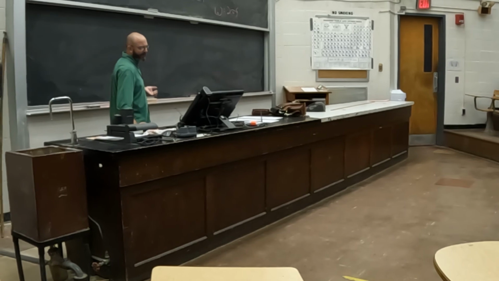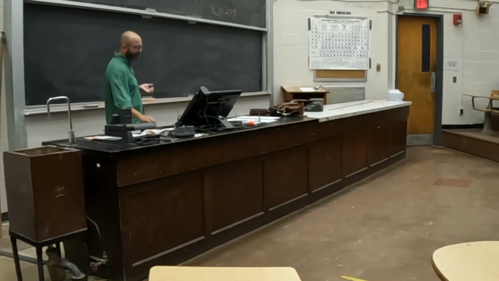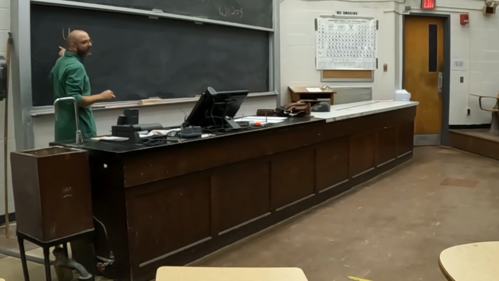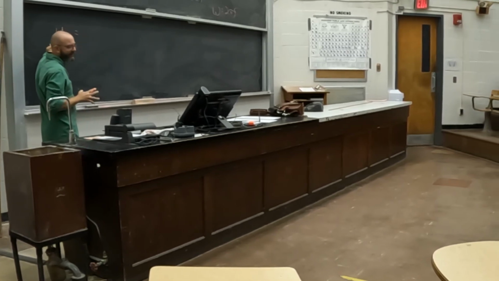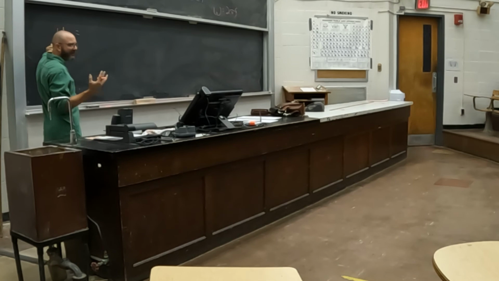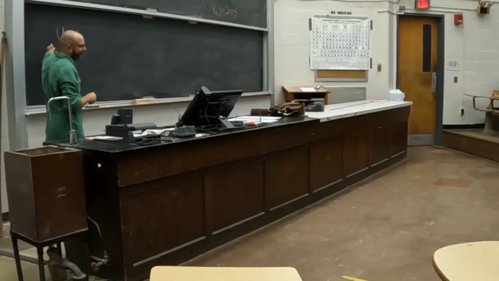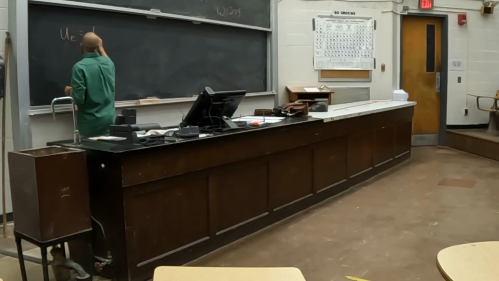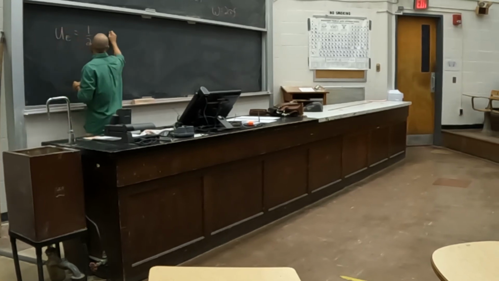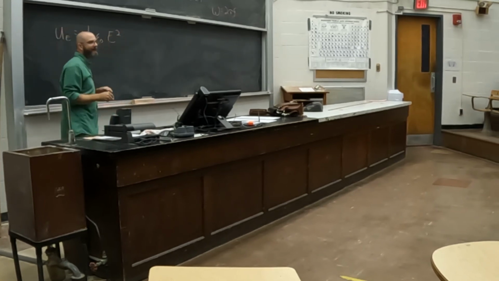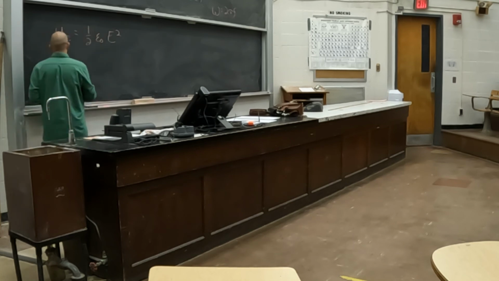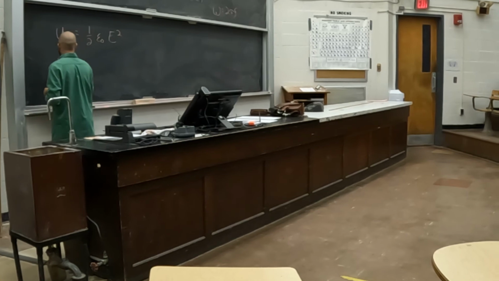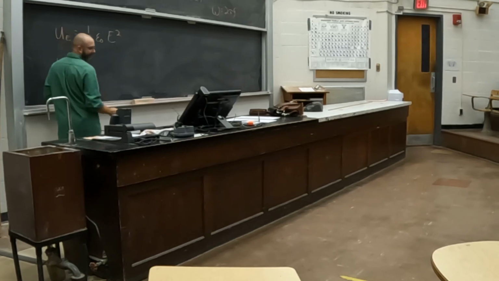So we saw a couple of equations for energy density. Remember this is a lowercase u, which is the standard for energy density. Uppercase U would be potential energy, lowercase is density. The energy density for an electric field, we saw this. We also saw the energy density for a magnetic field as this.